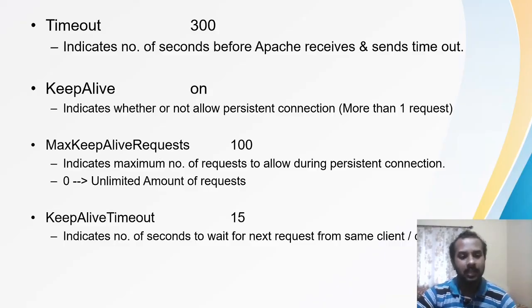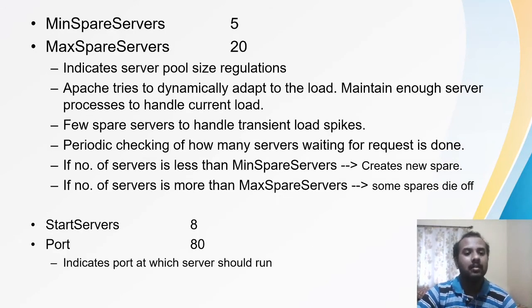It is better if you have the maximum number, and it works better when you have the maximum number. If we keep max keep alive request as 0, then it indicates that you can have an unlimited number of requests. Keep alive timeout indicates the number of seconds to wait for the next request from the same client or connection.